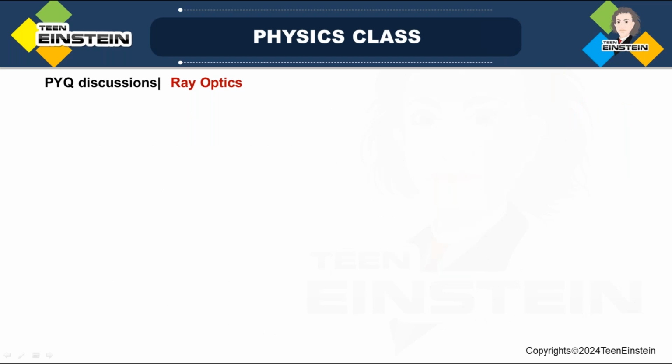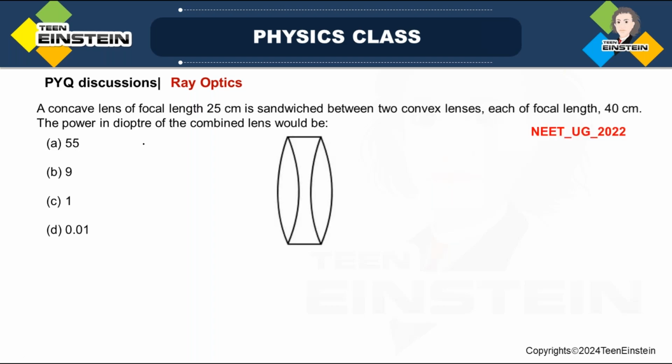All right, let us go to the next problem. This is also a very interesting problem and very similar to the one we have done. A concave lens of focal length 25 centimeter is sandwiched between two convex lenses, each of focal length 40 centimeter.